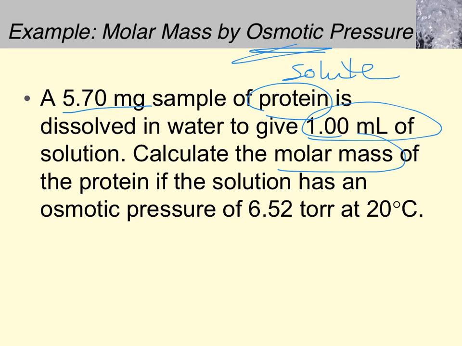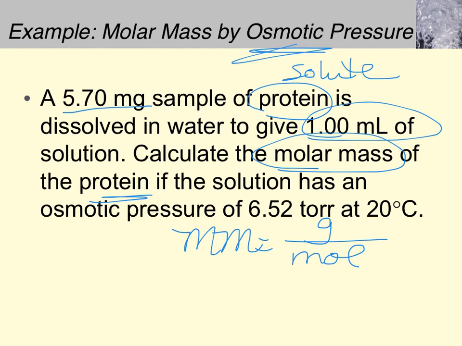Calculate the molar mass of the protein. What's molar mass equal to? Molar mass is grams over moles. Okay, so if we're trying to find the molar mass of the solute, we need the grams of the solute, which we have, 5.7. Well, that's milligrams, divided by the moles of the solute.